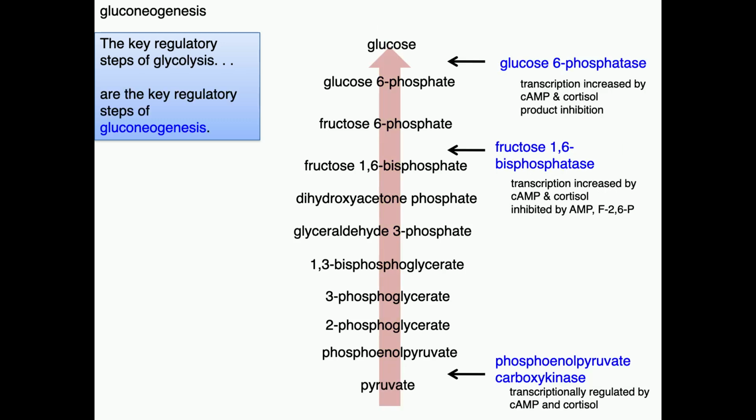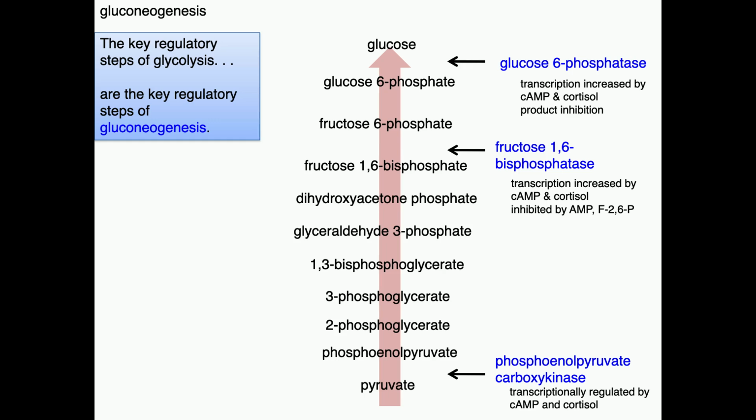Okay, so let's look at that in a little more detail. The glucokinase step is catalyzed by glucose 6-phosphatase in gluconeogenesis. The PFK1 reaction is catalyzed by fructose 1,6-bisphosphatase. The pyruvate kinase step, going from phosphoenolpyruvate through pyruvate kinase to pyruvate in glycolysis, has a reverse reaction that is a multi-step process that has to dip down into the TCA cycle, and then out of the TCA cycle and into the mitochondria.